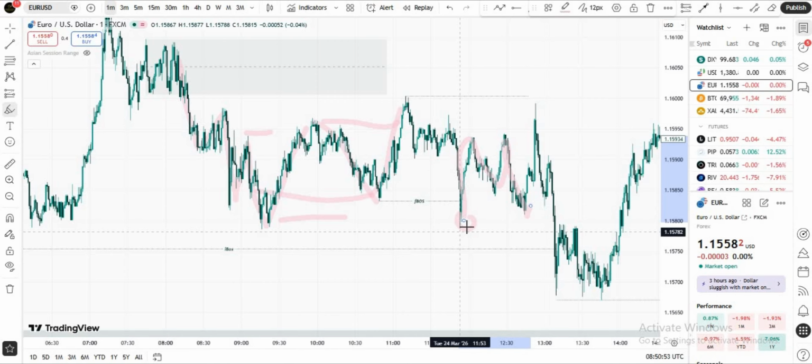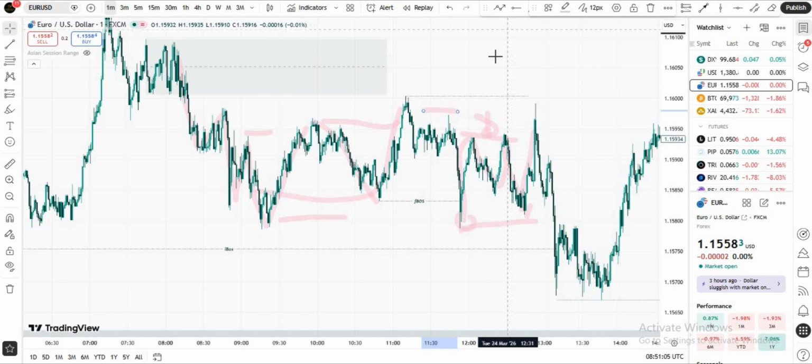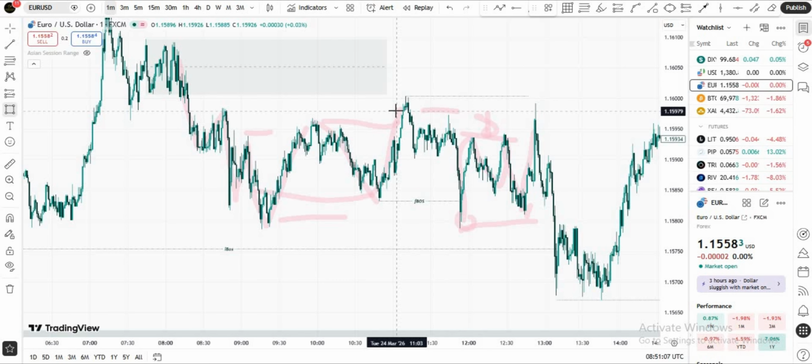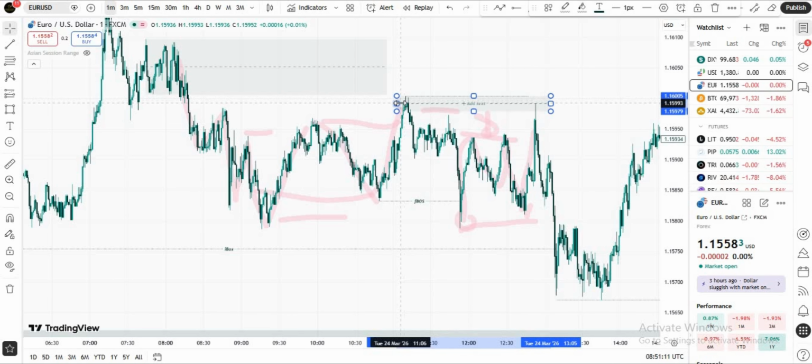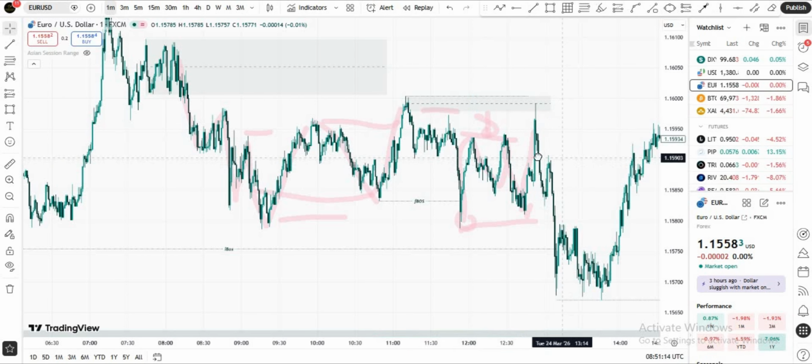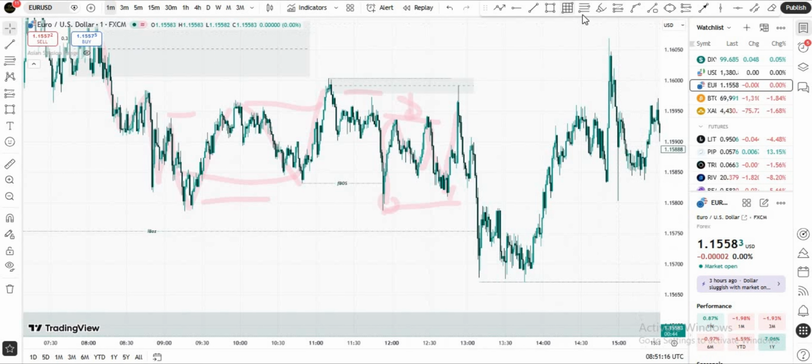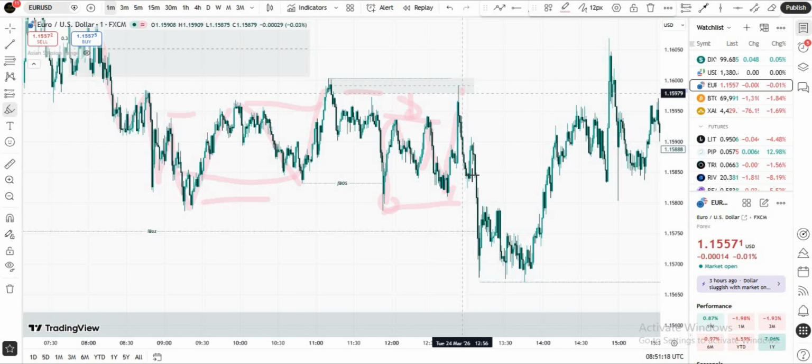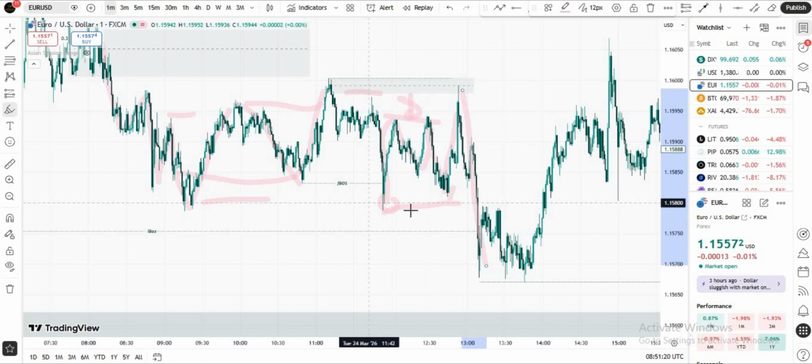Then before price breaks out of this low, we see price spike up again and clear the liquidity above this high, and then mitigate this block, this extreme supply zone. After that mitigation, we see price drastically come down and break this structure.